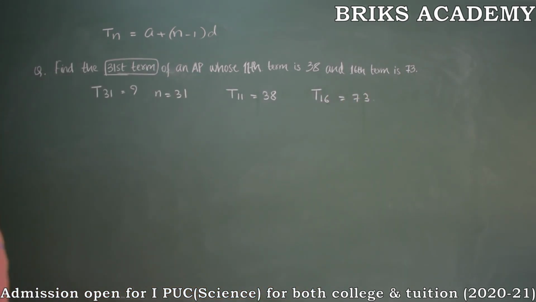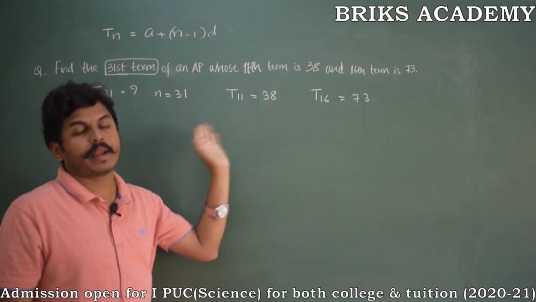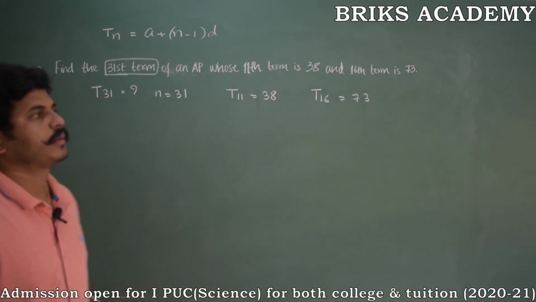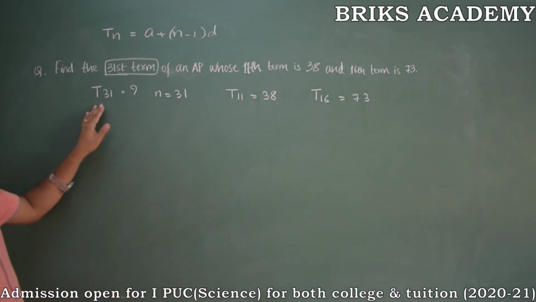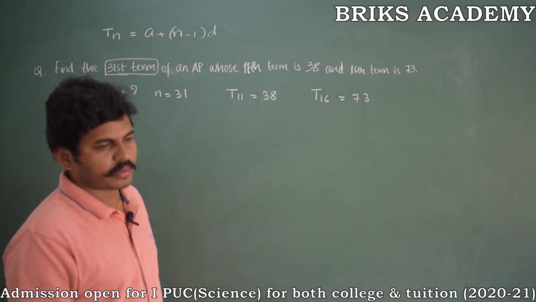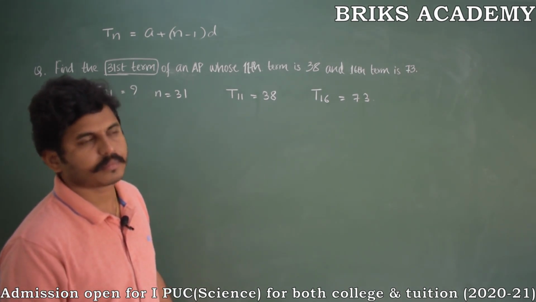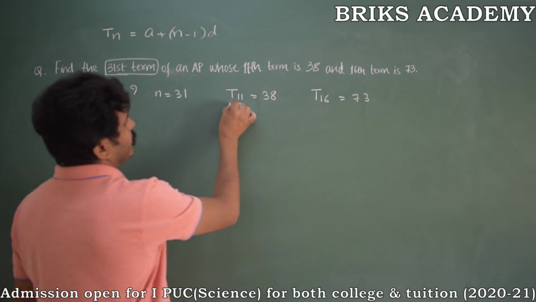The similar problem I did in the previous one, whose third term is this, sixth term is this, find an AP. But here they ask to find the 31st term. For any AP, I clearly told that you must know A and D. So what is the 11th term?